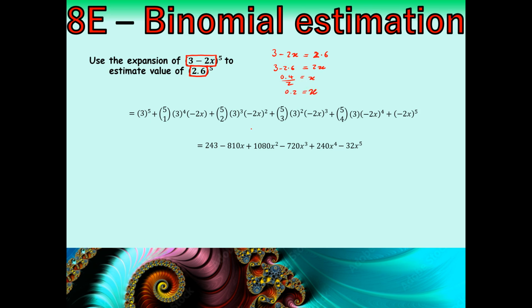So what you can do is simply substitute 0.2 into this line here, and bam, these 6 terms will give you a very accurate answer because we're using every term in that expansion. We're not leaving out any terms here.